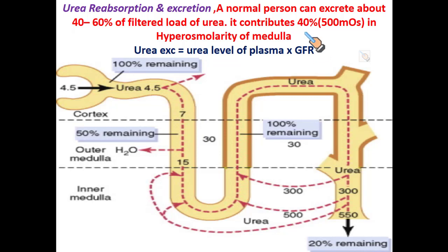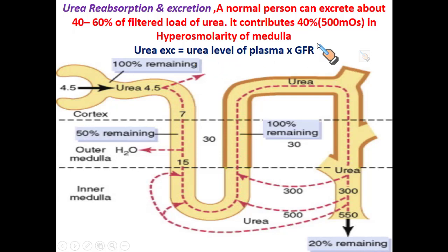Definitely, in the plasma, urea level becomes higher and higher, because filtration is not possible over here due to the damage in this area. This area is damaged and urea cannot move from this area to this area. Definitely, in the plasma, urea level becomes high. So if GFR decreases, plasma urea will increase, and this will push the urea excretion.